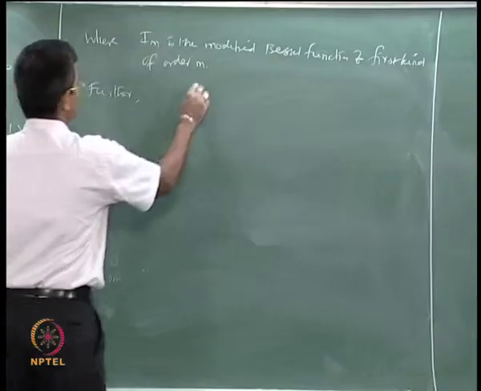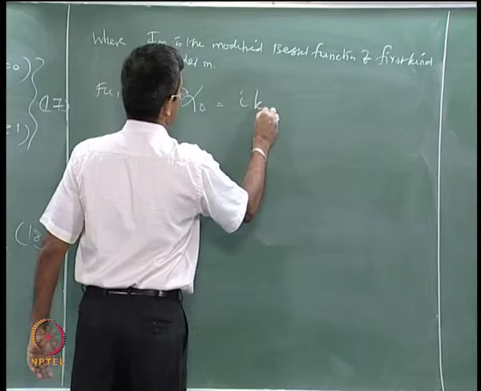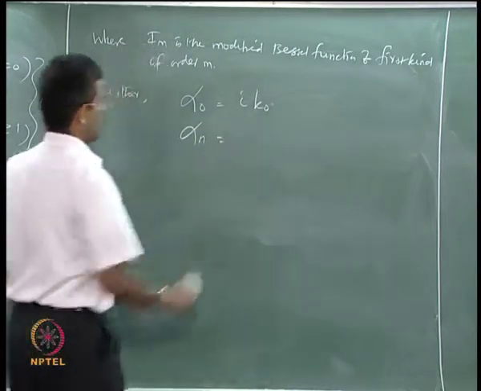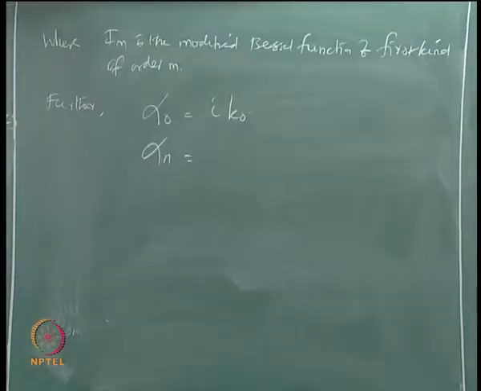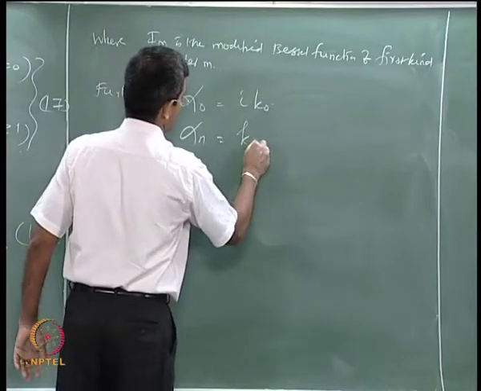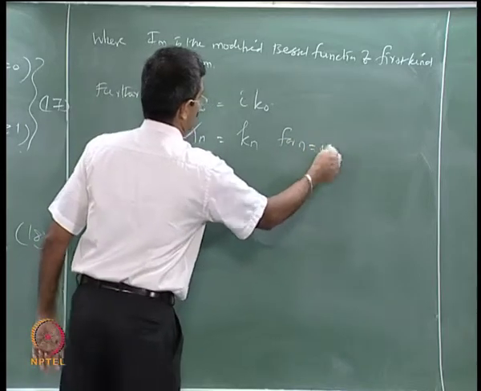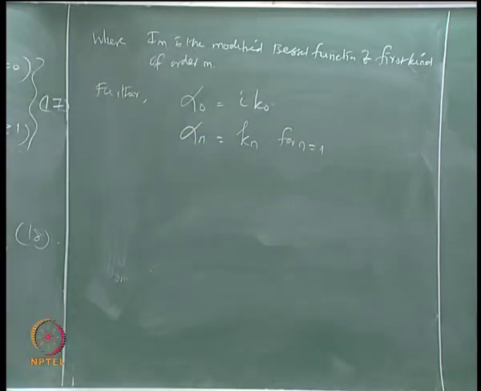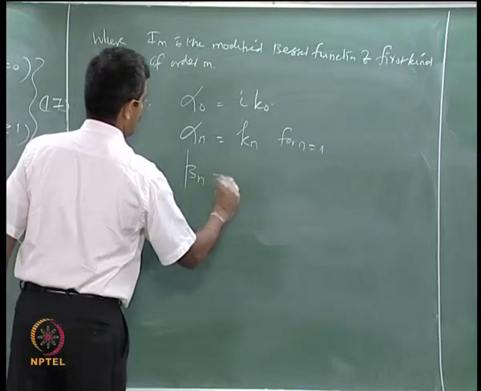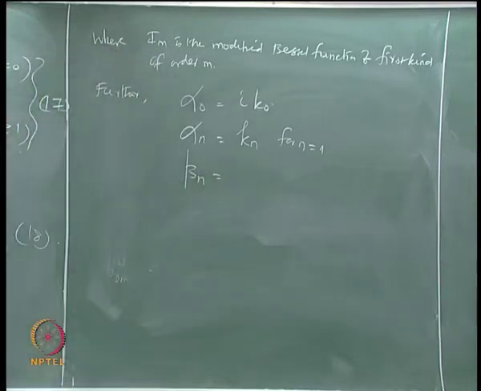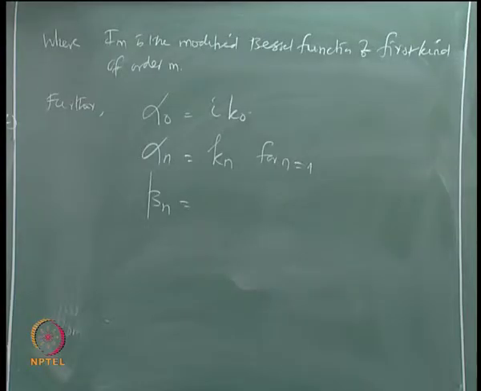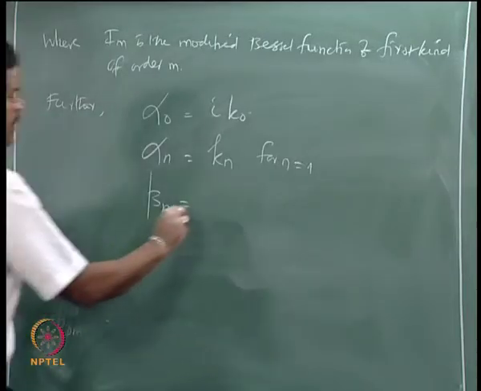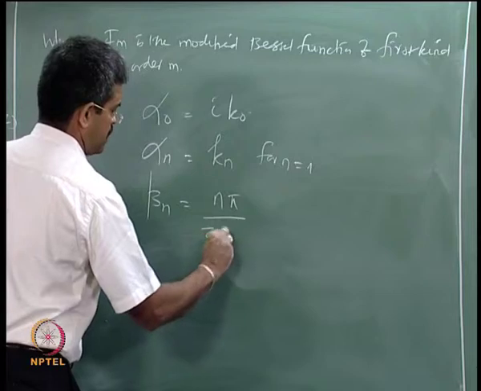Alpha naught is i k naught, alpha n is Kn for n equal to 1. Beta n is n pi by z2 minus z1.